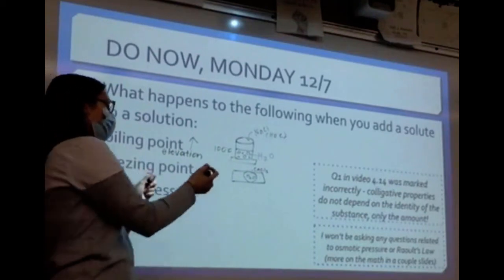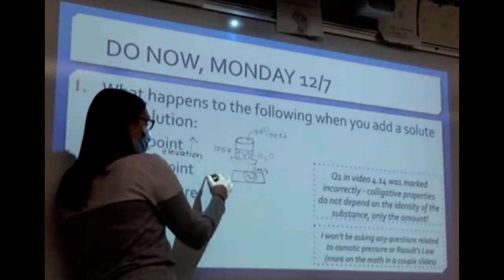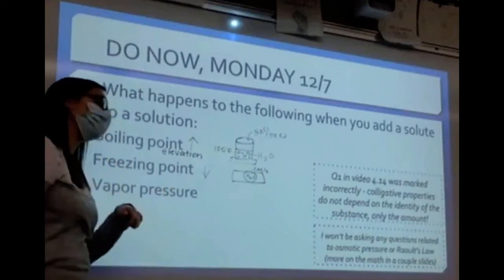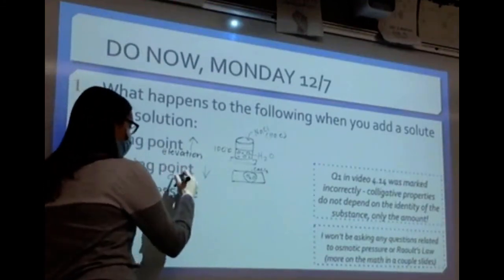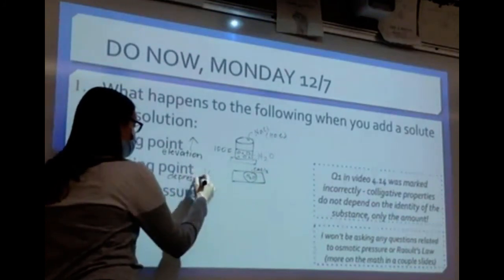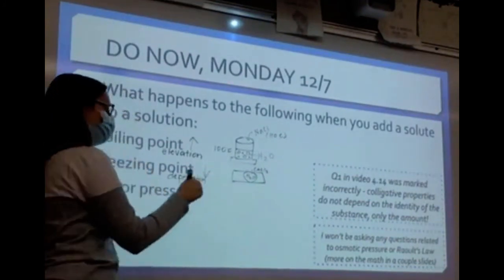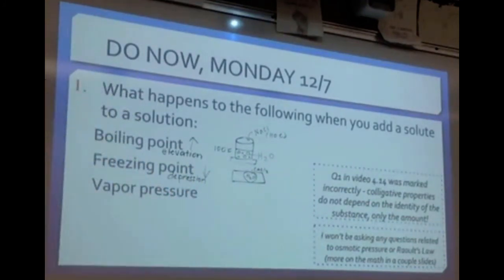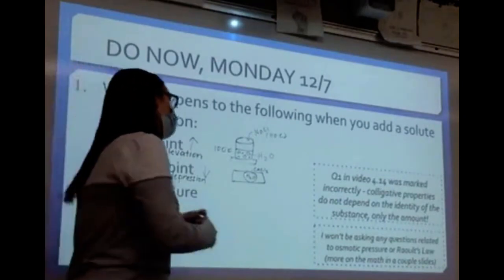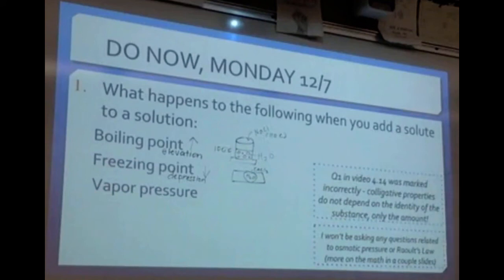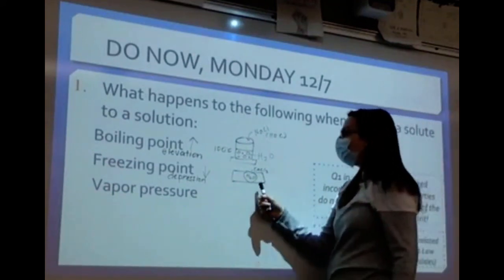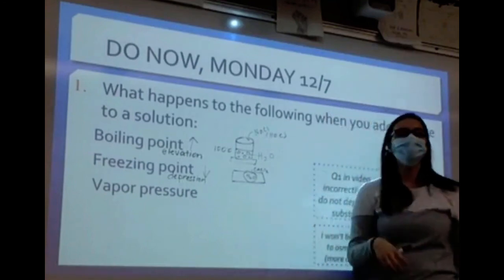So when we create a solution, the freezing point of the solution actually goes down, which is why the term for this colligative property is freezing point depression. Freezing point goes down. So if it's the middle of the winter, and we have a lot of snow coming down and it's negative 10 degrees Fahrenheit, we still could see the roads freeze.